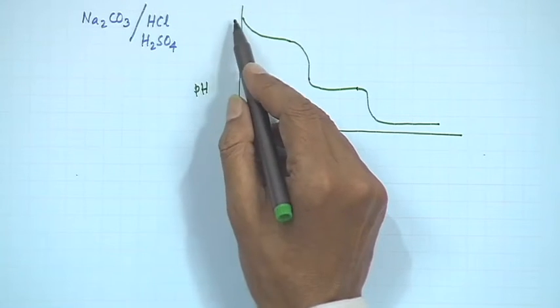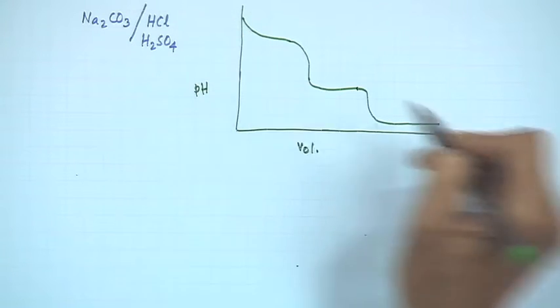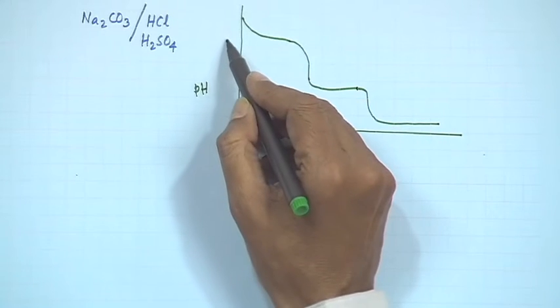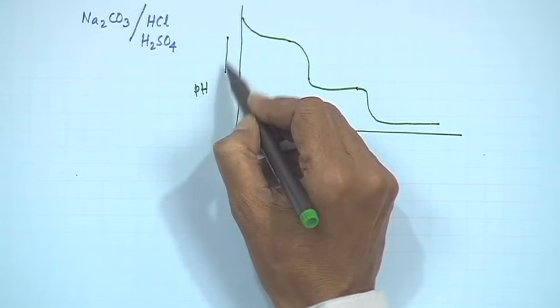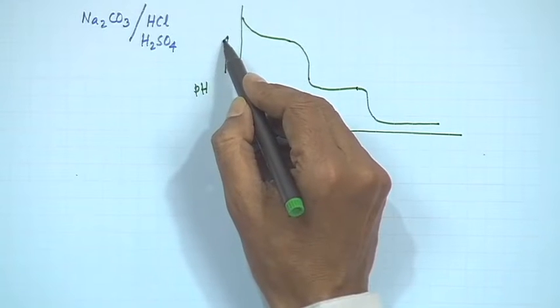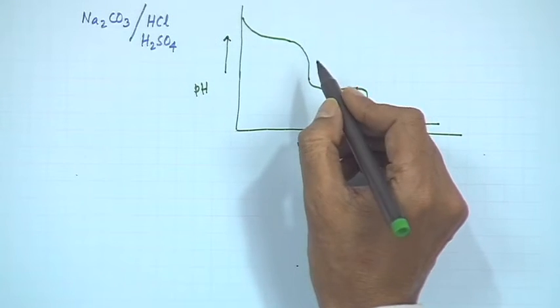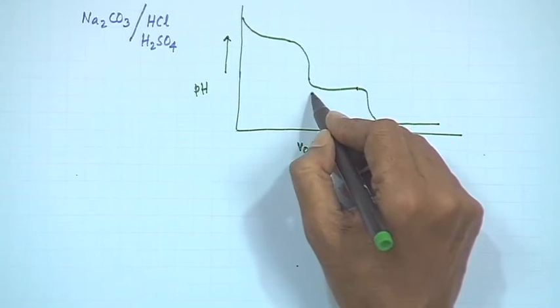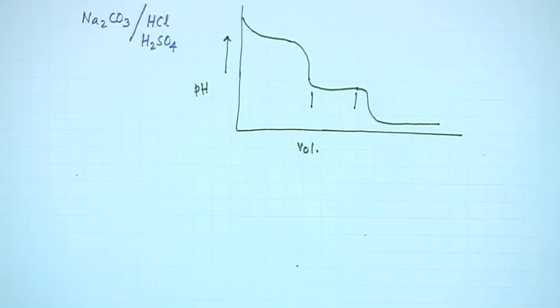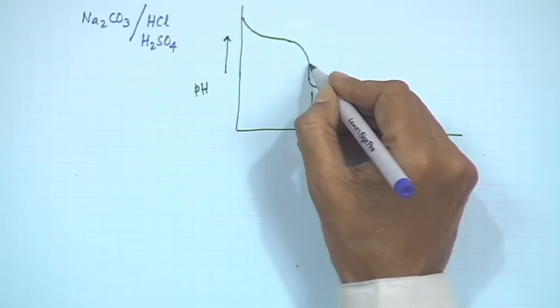How is the pH changing? In this particular case, either you go from this way or you can go down from here. As you move, how is the pH changing in this particular case? There also you have the corresponding horizontal ranges as well as the vertical points.